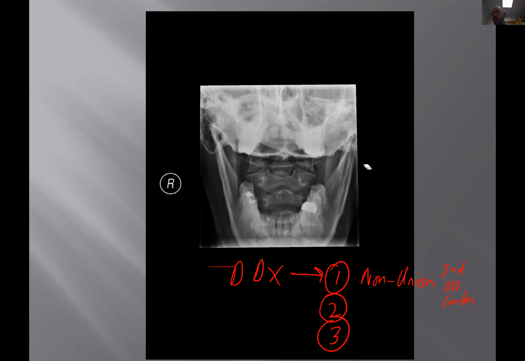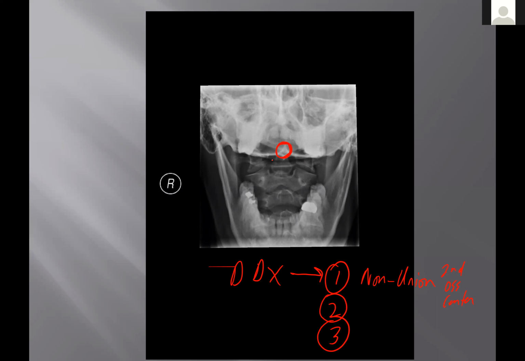Differential diagnosis is, let's see if we can get at least one other thing. Well, this has a specific name. If you see just a smooth ossicle by itself right there, what would that be called?